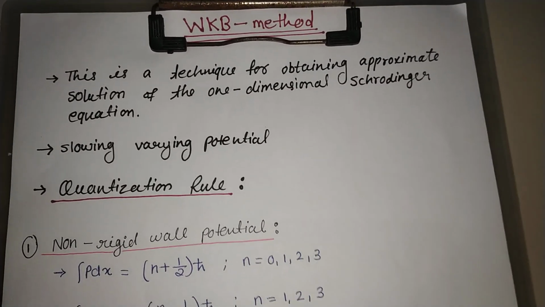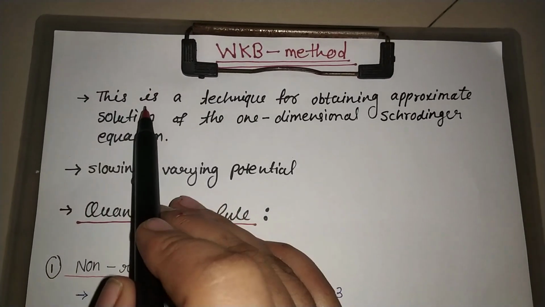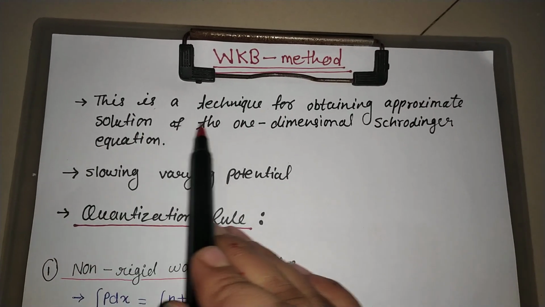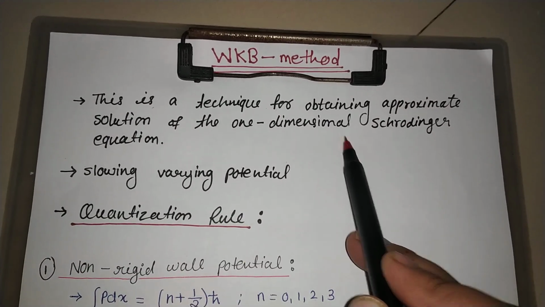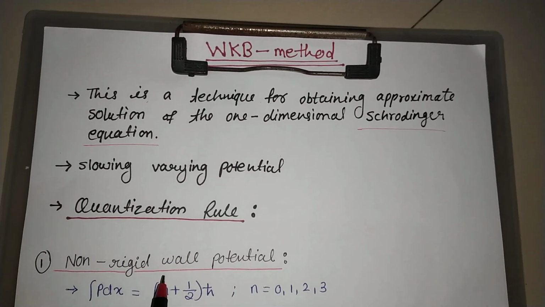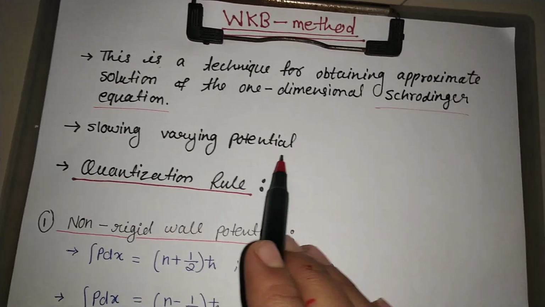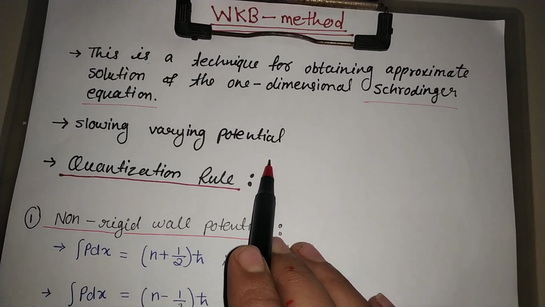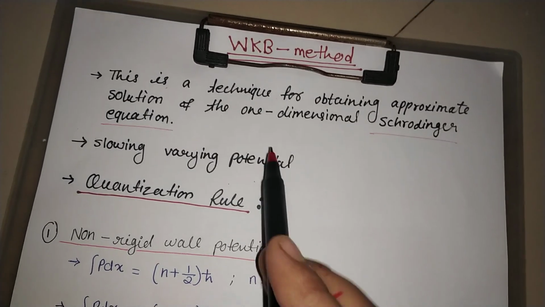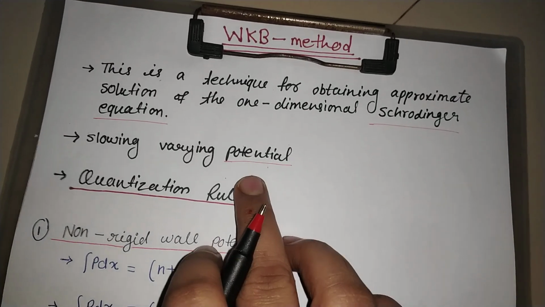So first of all, what is the WKB method? This is a technique for obtaining approximate solutions of the one-dimensional Schrödinger equation, for slowly varying potential. That is, we use this method where the potential is varying slowly.